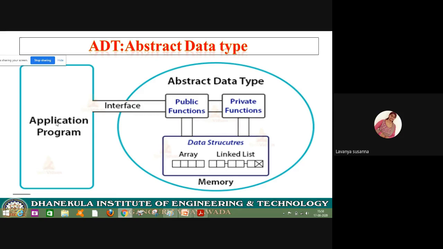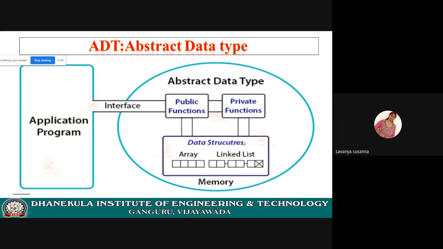Again, I am repeating, the application program cannot directly access the data inside the data structure in memory. Then who can access it? Public functions can access the data, and private functions can access the data.